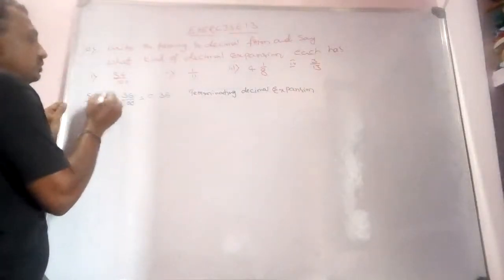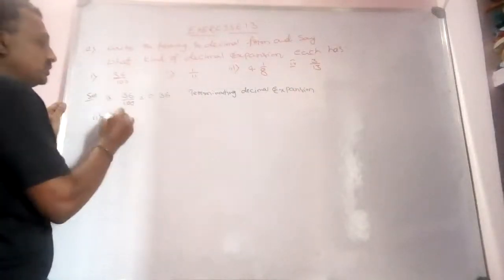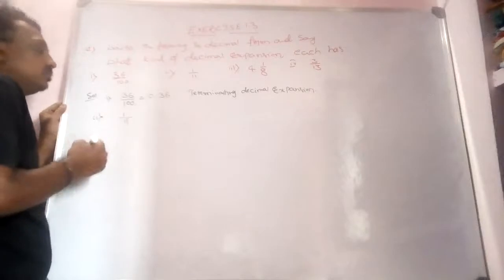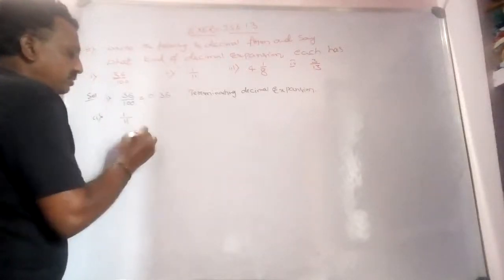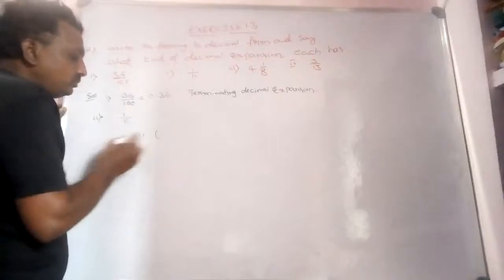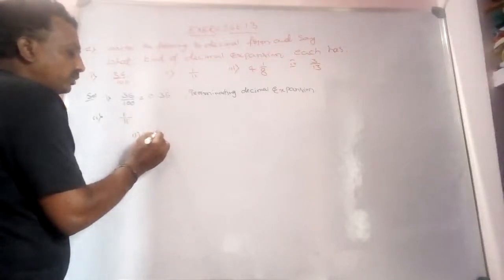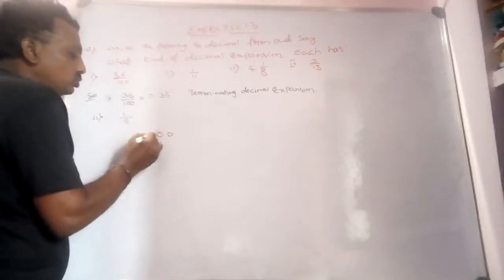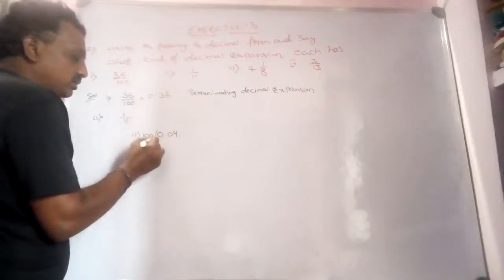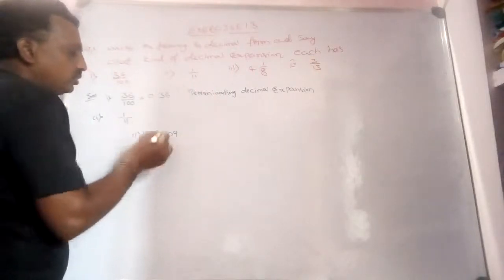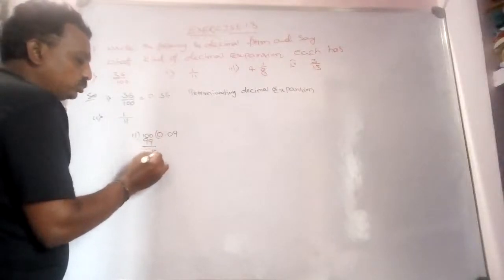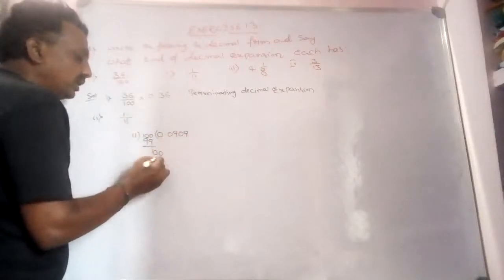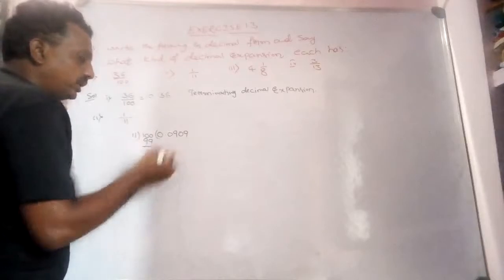Next, the second one: 1 by 11. Go to division: 11 into 1 does not go, so keep 0 and the decimal point. Again it does not go, so we put 0 again; 11 nines are 99. The remainder is 1, and again it does not go, so 0, 0, and 11 nines are 99.